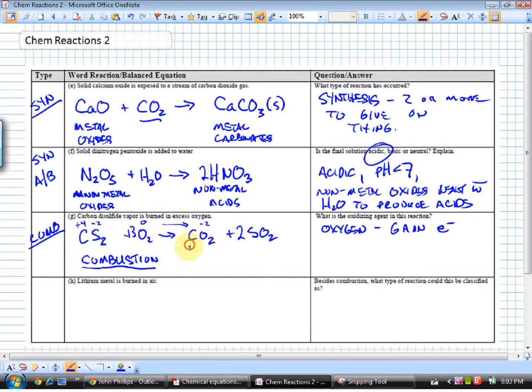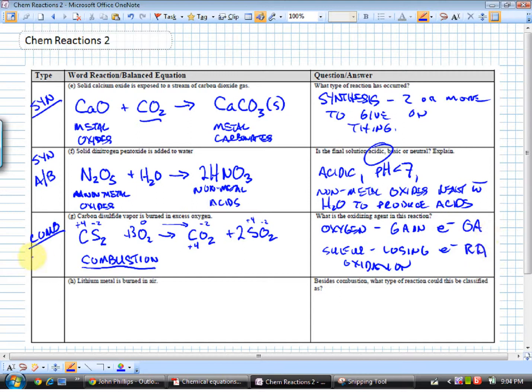The carbon is staying at +4. The sulfur: 2 oxygens, -2 each, -4, so the sulfur is +4. The sulfur is going from -2 to +4, losing electrons. It's undergoing oxidation. So oxygen is the oxidizing agent, sulfur is the reducing agent.